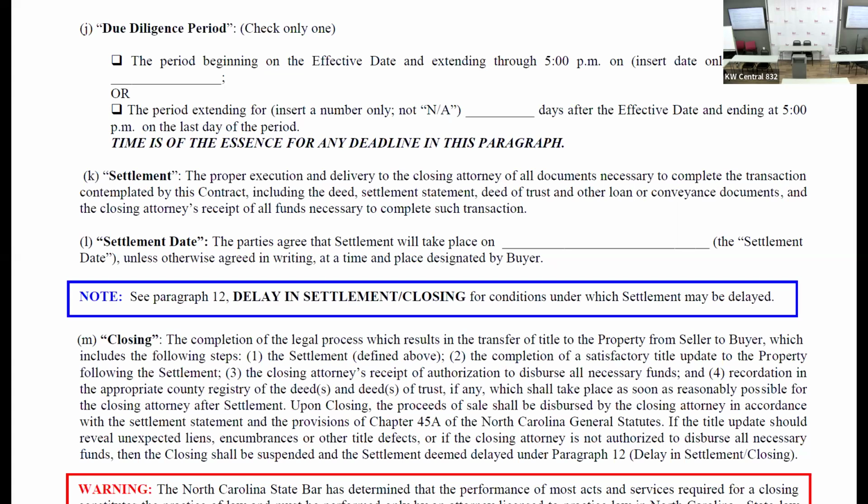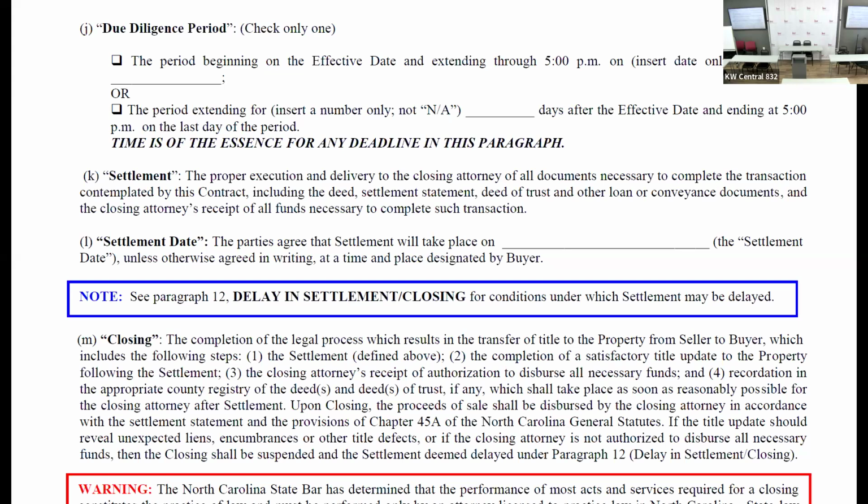I think it depends on a lot of factors. If I want to write a strong offer because I might be in a multiple offer situation, I'm going to make that as short as possible. If it's cash, I'm going to make it as short as possible.